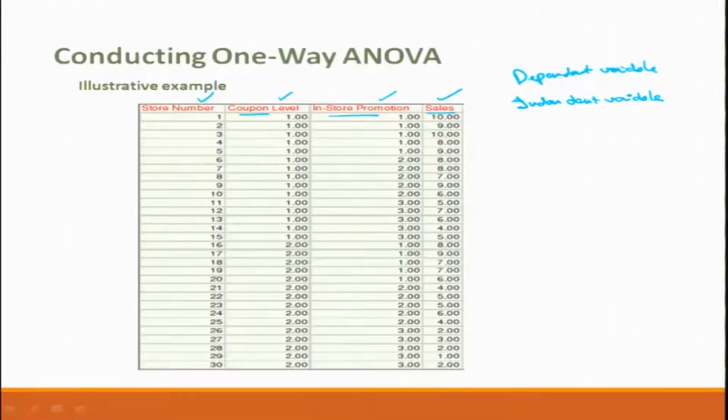Which is our dependent variable? What is the store trying to look at here? I think you are able to identify this. The dependent variable would be the sales.